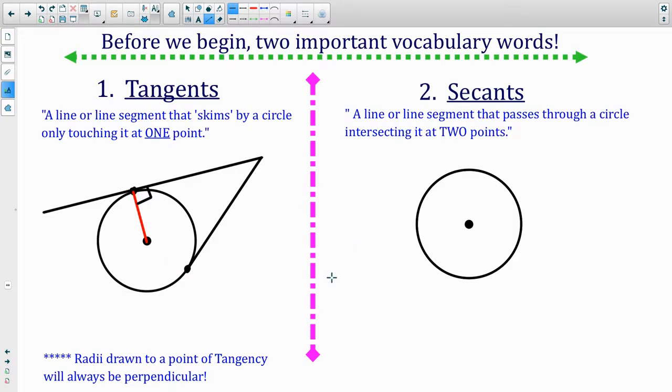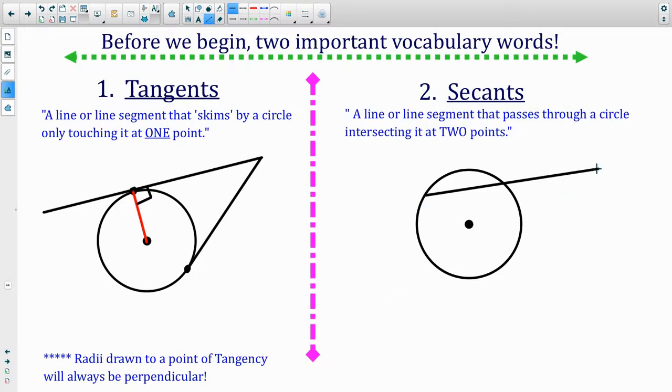Okay, let's go to number two, a secant. A secant is a line or a line segment that passes through a circle intersecting it at 2 points. So if I were to draw a secant, it would enter and leave the circle, thereby being a secant. And often when we see secants, they kind of stop at the end of the circle.